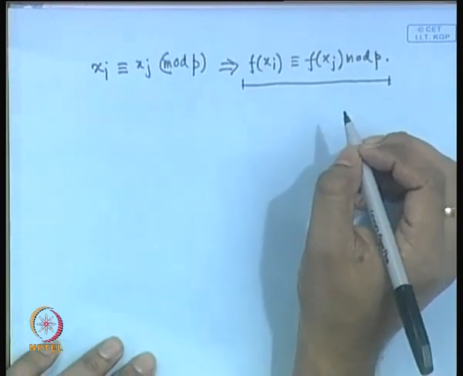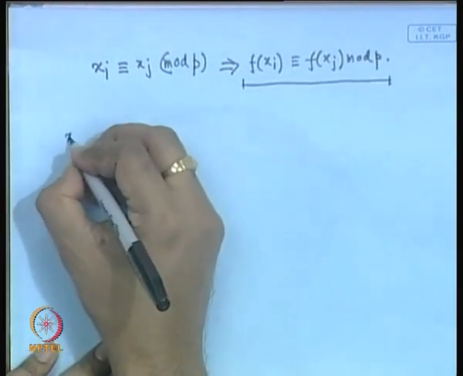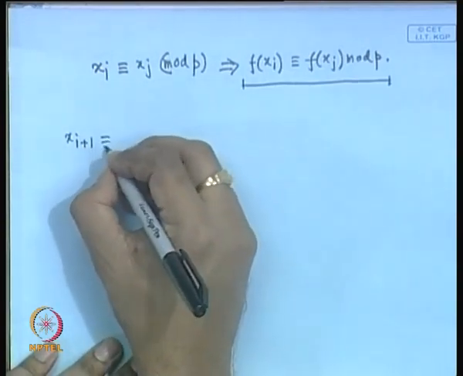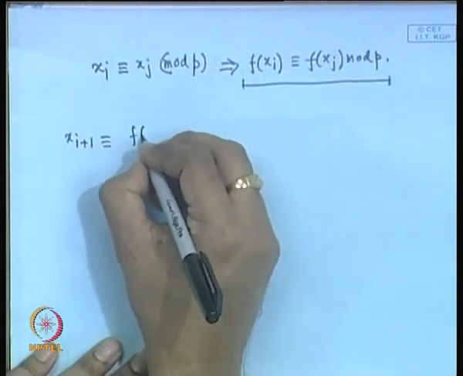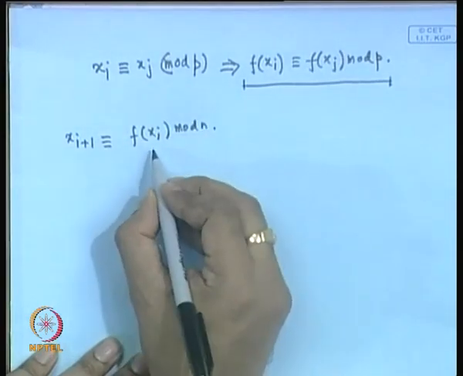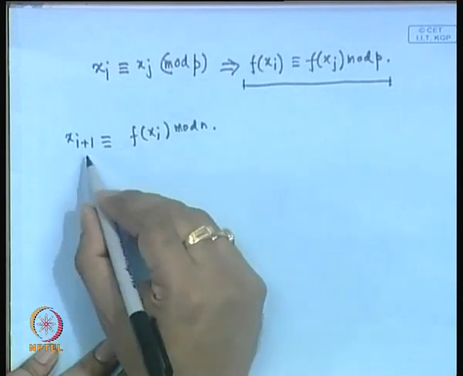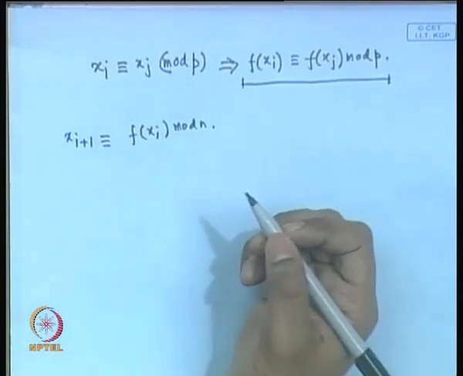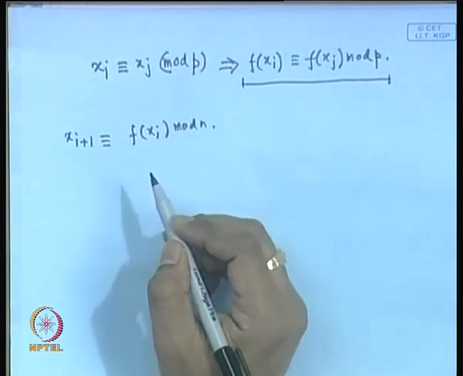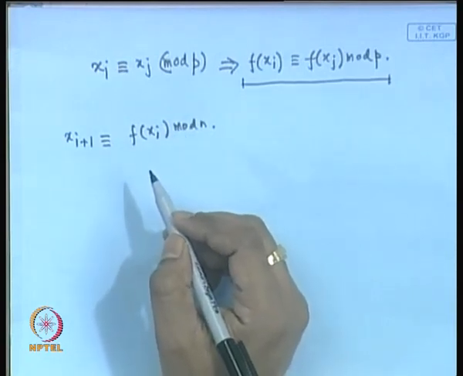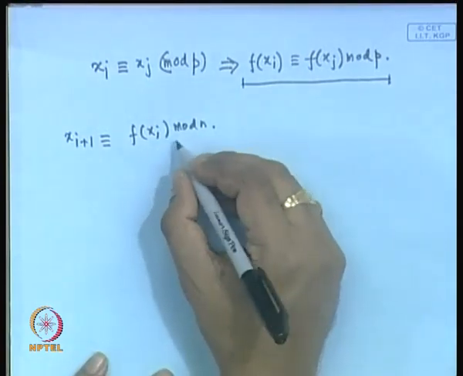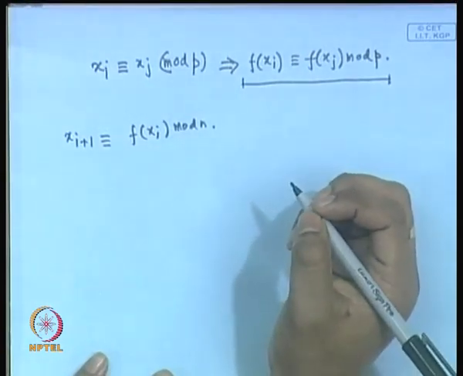Now suppose I need to compute x_{i+1}, where x_{i+1} is congruent to f(x_i) mod n. That is the next computation: you plug in x_i and compute x_{i+1}, which is actually equal to f(x_i) mod n. So this is the next computation of the function f.